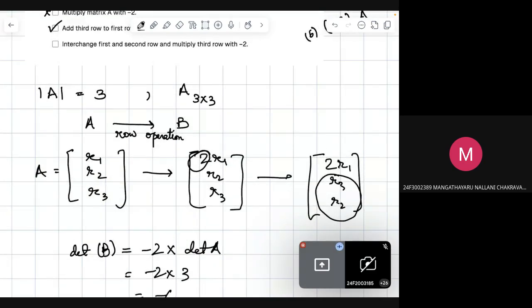Interchange the first and second row. Interchanging the rows means the determinant gets multiplied by -1, and then we multiply the third row by -2.